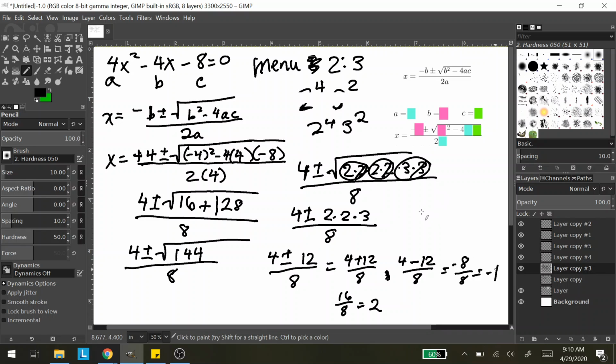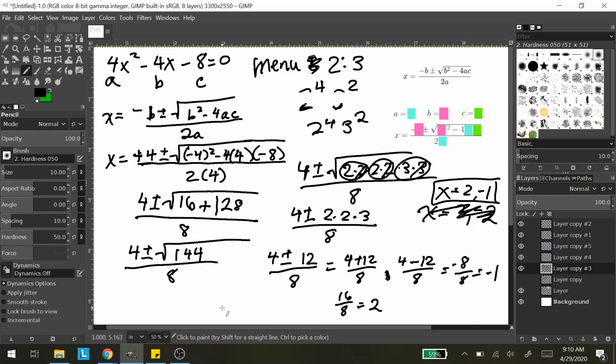So my two answers are x equals 2 and negative 1. Now I want you to practice using this quadratic formula. It's going to be important that you can do that in Algebra 2.